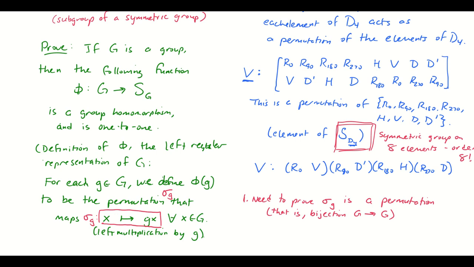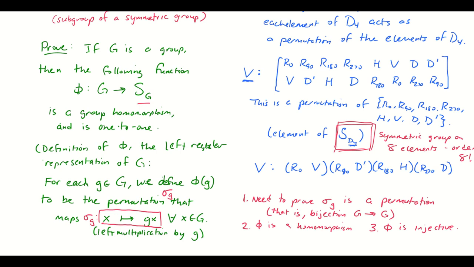If I can prove that, then that means that sigma sub g is a permutation and therefore does belong to S sub G. And then once I've proven that, I need to prove all the usual stuff about phi. I need to prove phi is a homomorphism. And then I need to prove that phi is injective. All of these things need to be done.